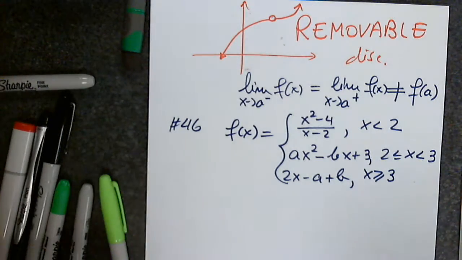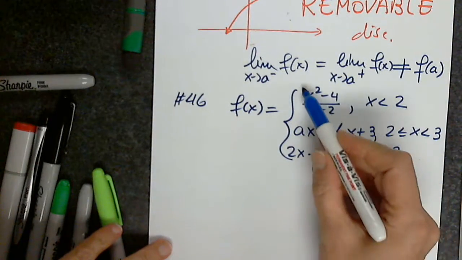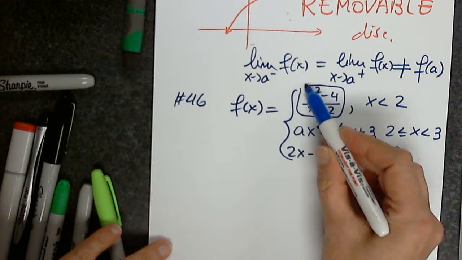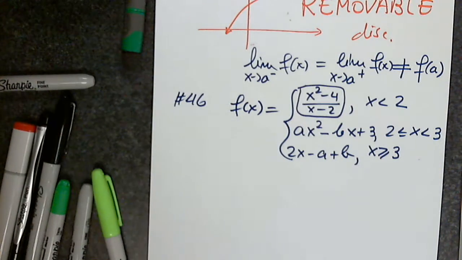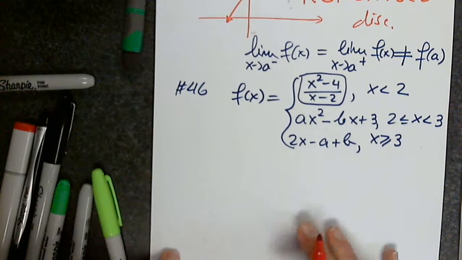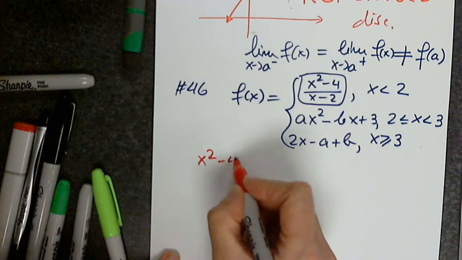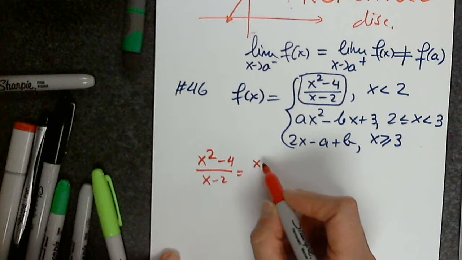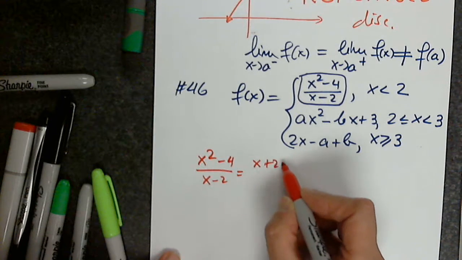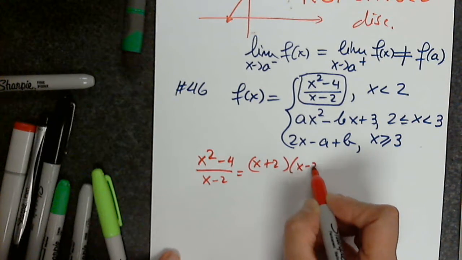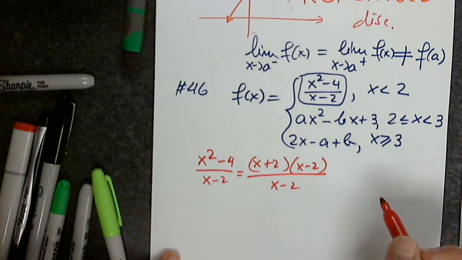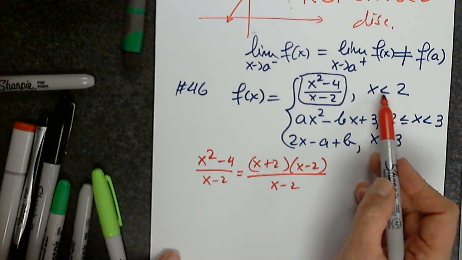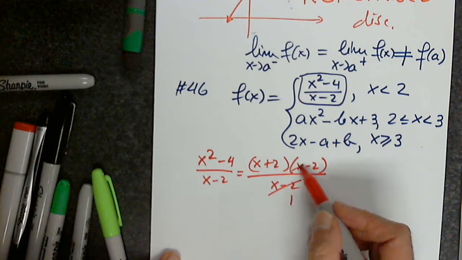Okay, so first of all, I look at this function and I see something interesting here. And I know I sound like a broken record: simplify, factor, simplify, factor, simplify, factor. So I will take this aside, and I know how to factor the top. Since x is not 2, and I don't have to state any restrictions, I can do this.